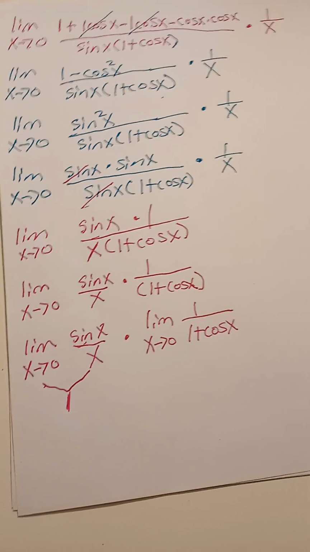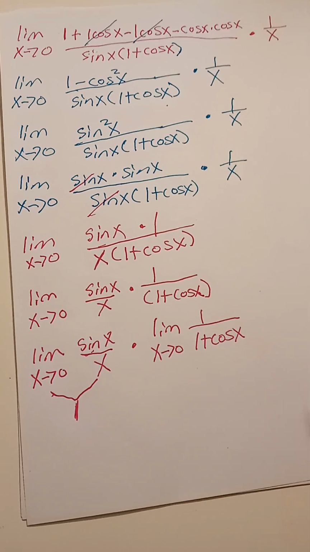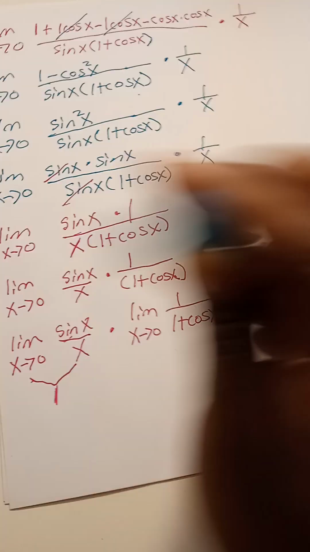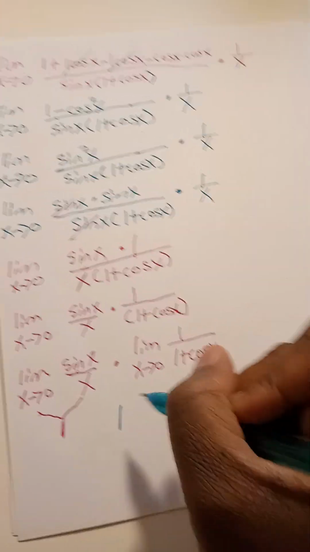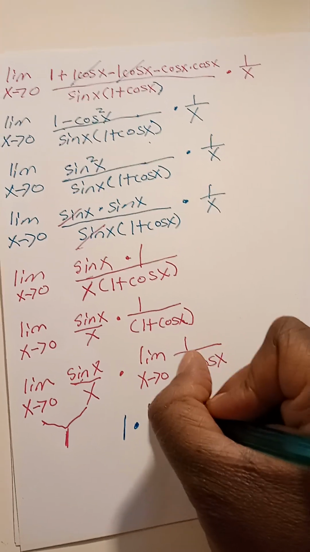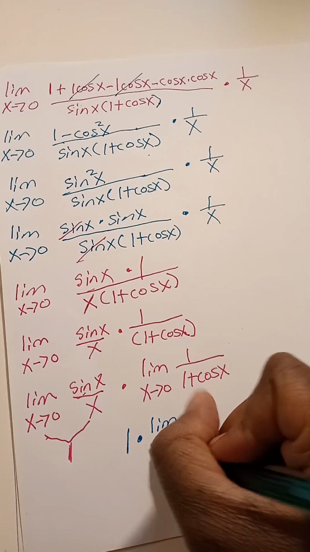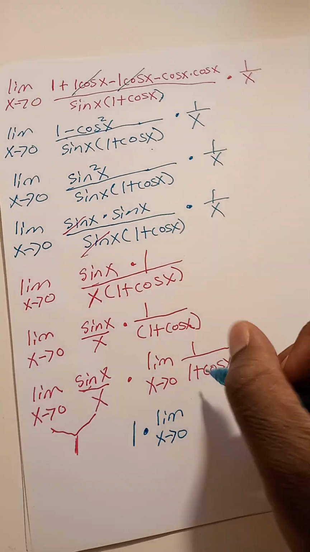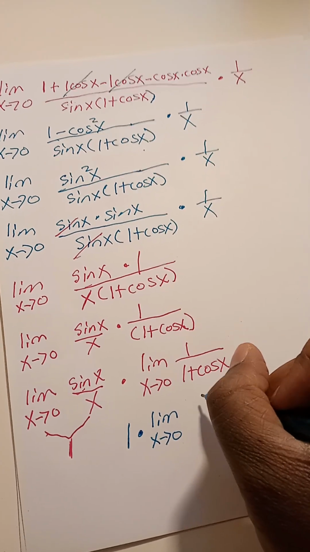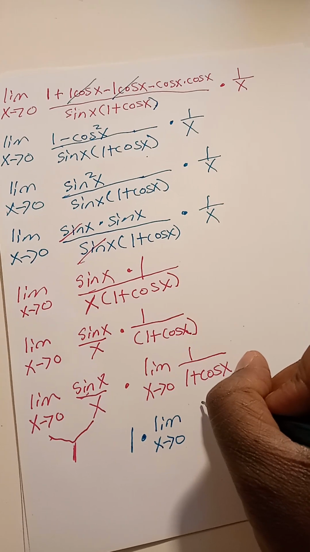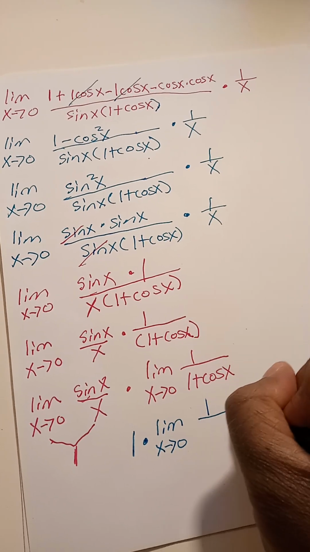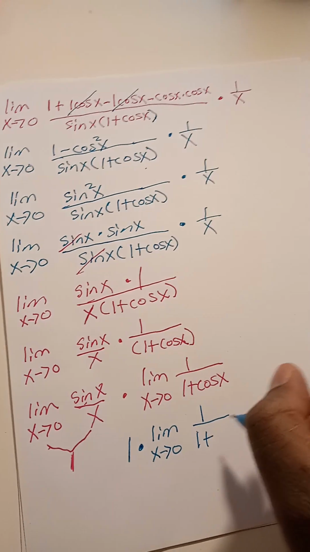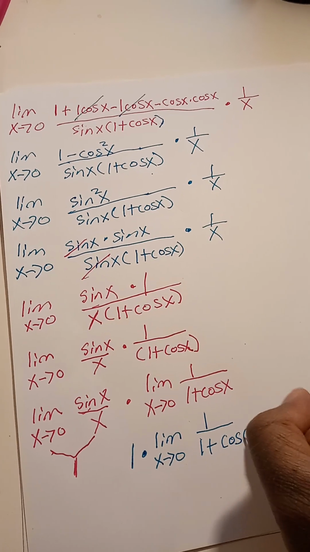So now it's going to be 1 times the limit as x goes to 0, and then we can go ahead and substitute 0 into the equation of 1 divided by 1 plus cosine of 0.